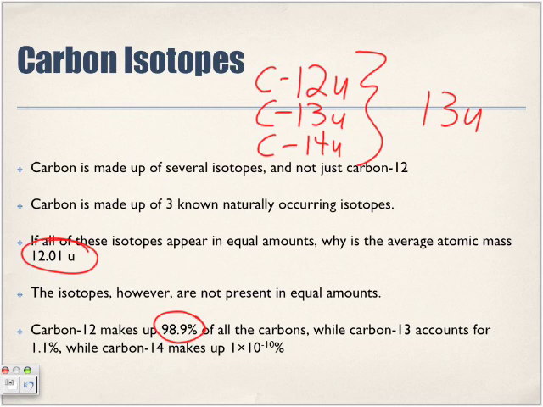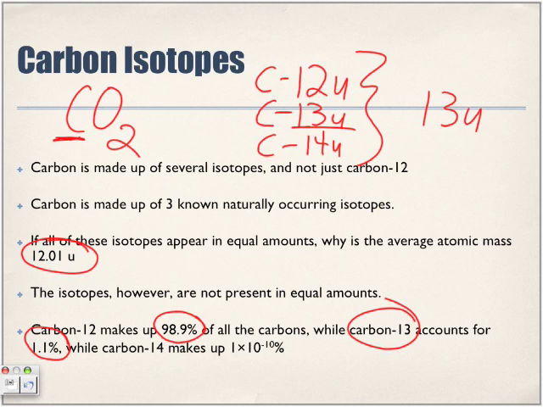So if we looked at something like carbon dioxide, 98.9% of the carbons in this formula is made up of carbon-12. The carbon-13 is 1.1% of it. So 1.1% of the carbons found in all the molecules of carbon dioxide is only going to be the isotope carbon-13, which will have the extra neutron.